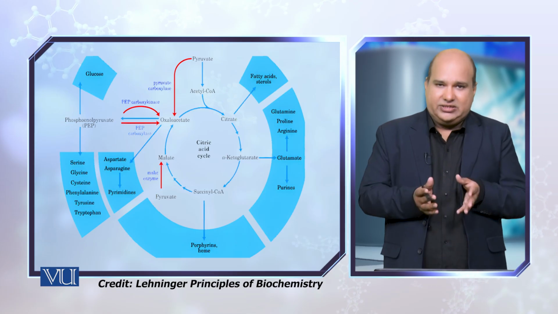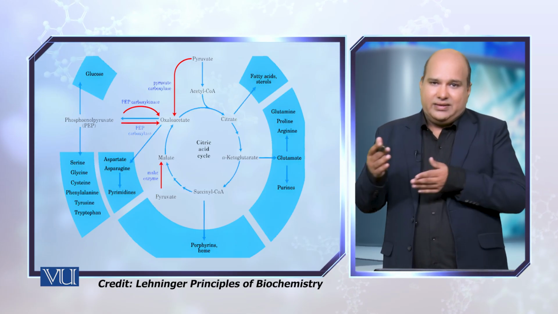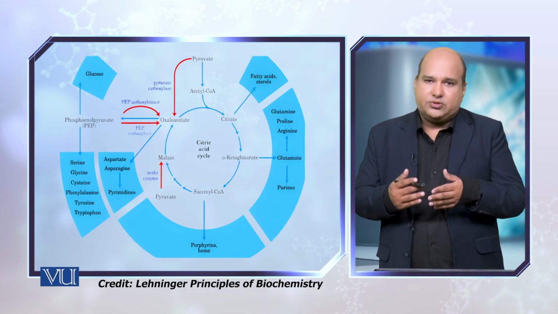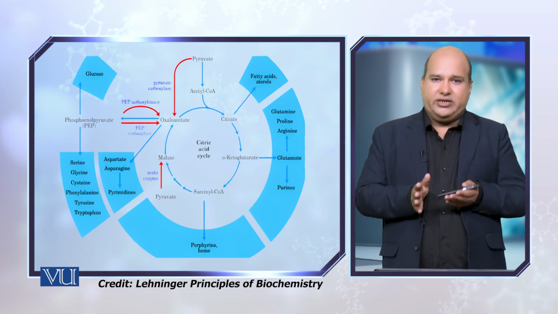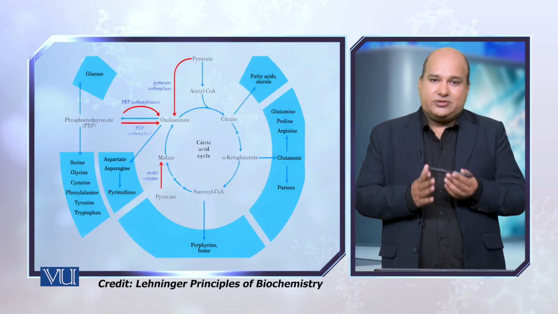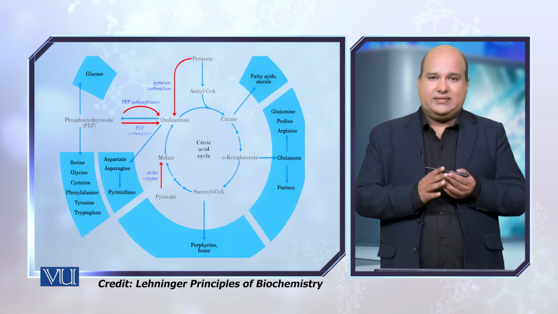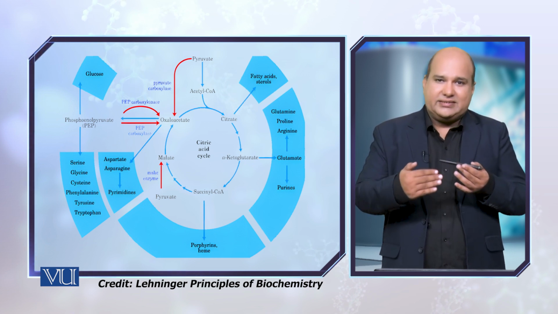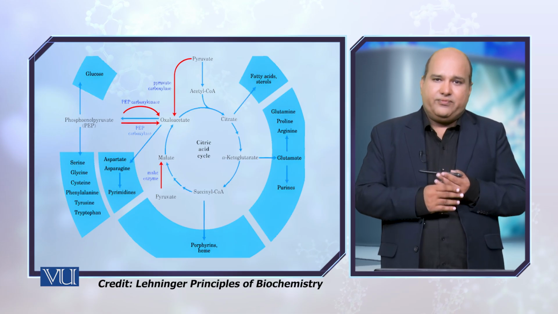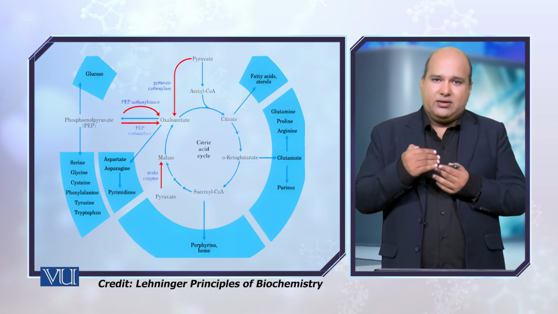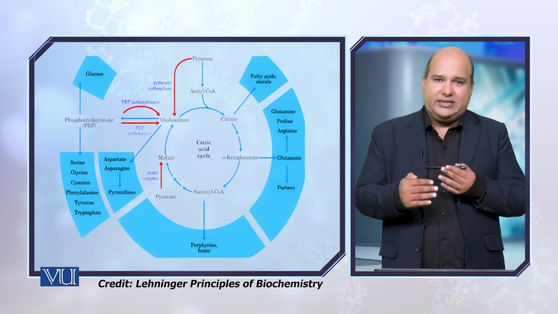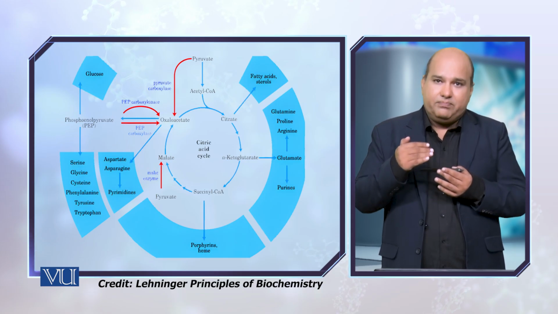These reactions replenish the different intermediates of the TCA, so that the shortage of the intermediates which are required for TCA doesn't take place. And the TCA itself goes on functioning in the normal way, goes on producing energy with the normal pace.